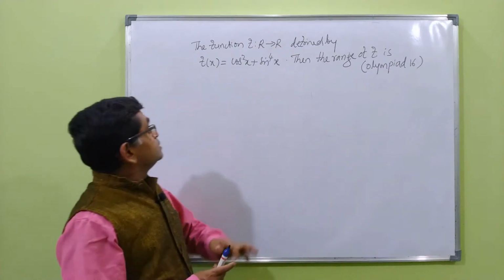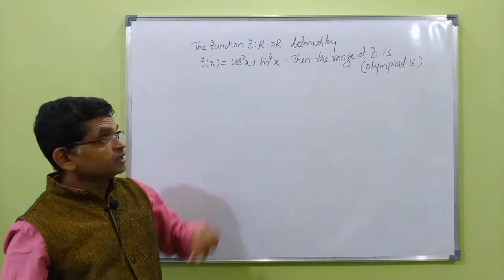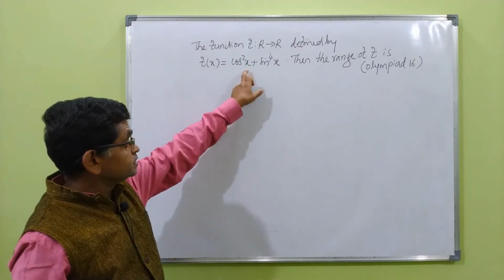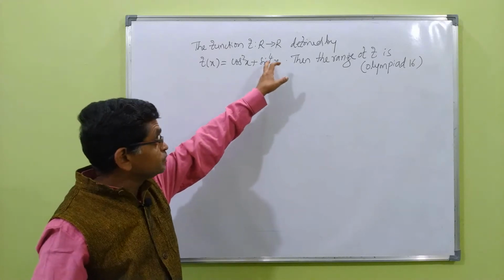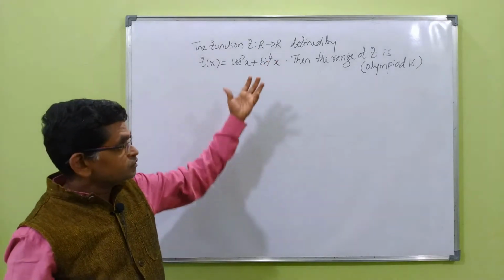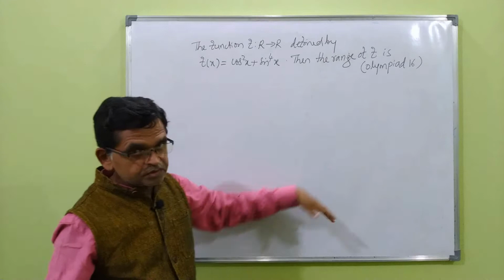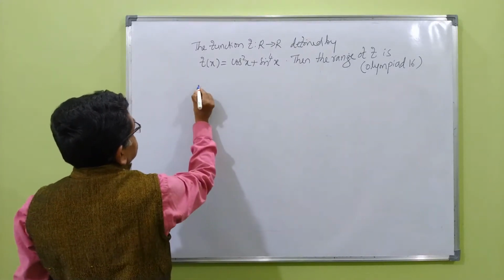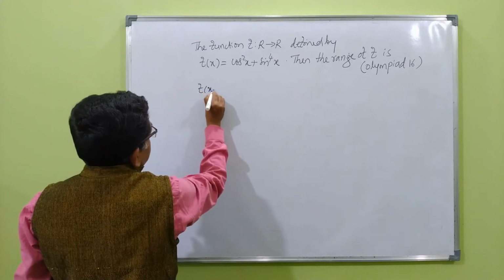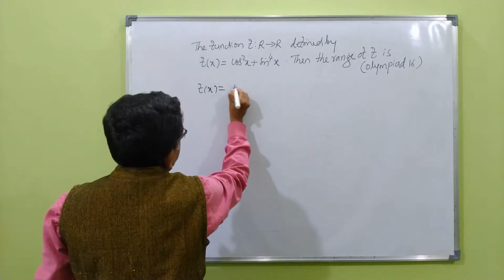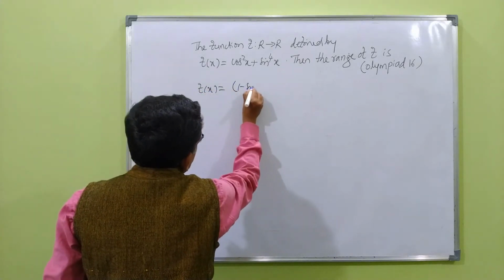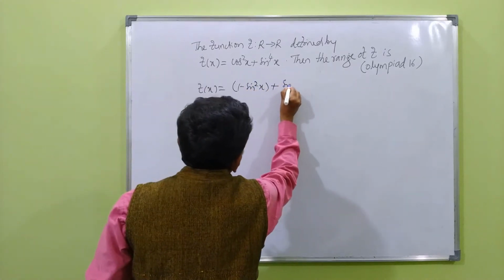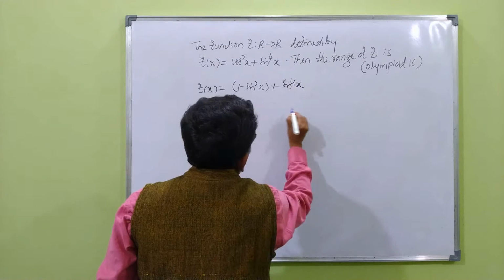This is another question which is asked in Olympiad. The function f from R to R is defined by f(x) equals cos squared x plus sin to the power 4 x. There were 4 options. I did not write them. Directly let us solve this. See, f(x) is equal to cos squared x, which can be written as 1 minus sin squared x, plus sin to the power 4 x.